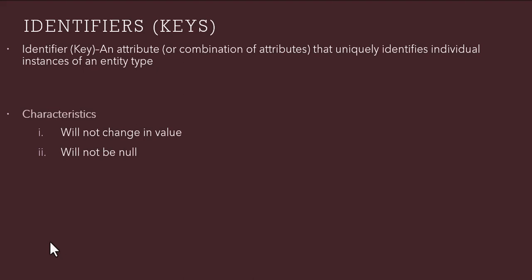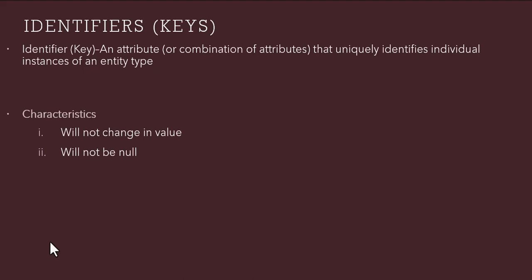Meaning if we have, for example, five attributes, there must be an attribute or combination of attributes which will identify the whole tuples or instances of the entity type. For example, employee ID can uniquely identify the whole instances of the entity type employee.